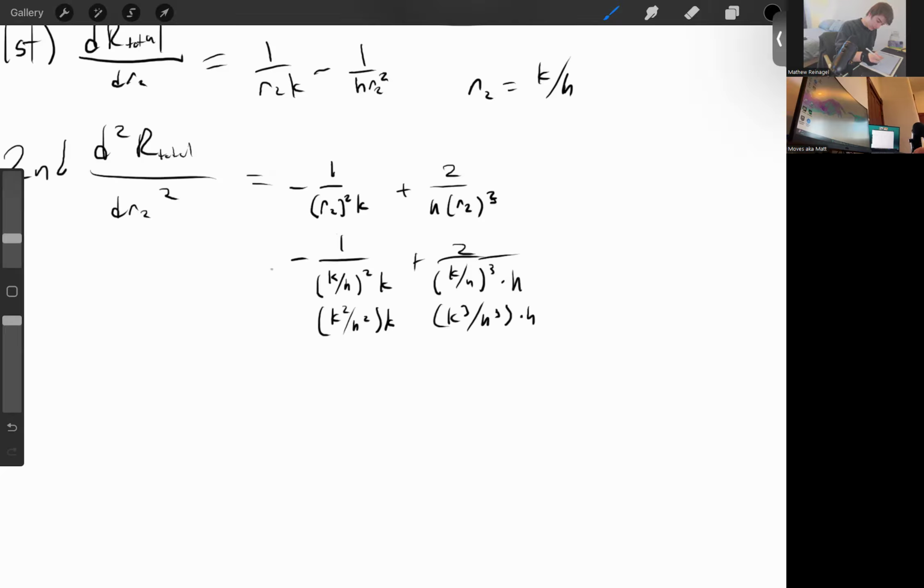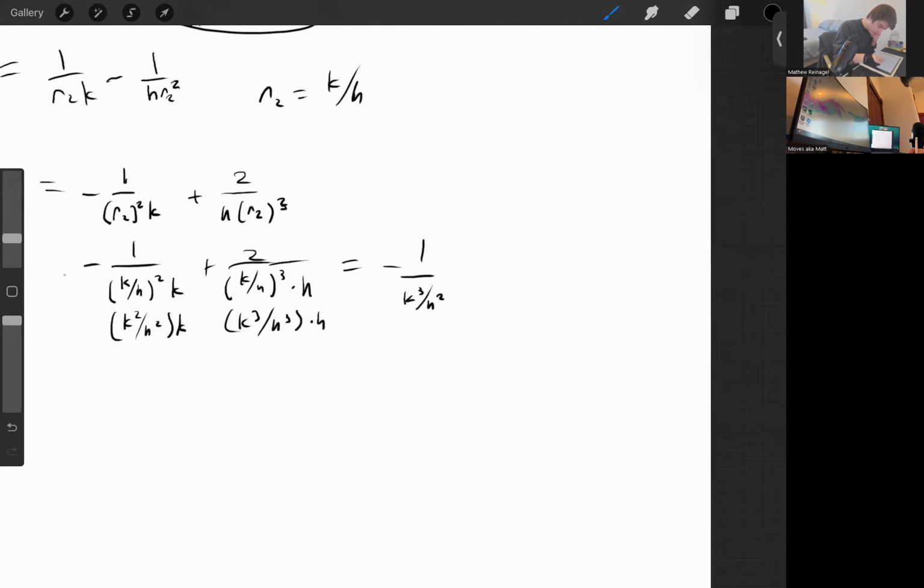When we do, this should give us negative 1 over K cubed over H squared, plus 2 over K cubed over H squared.